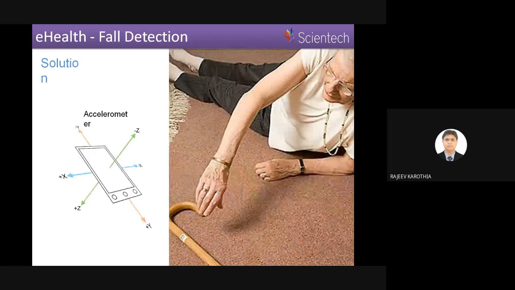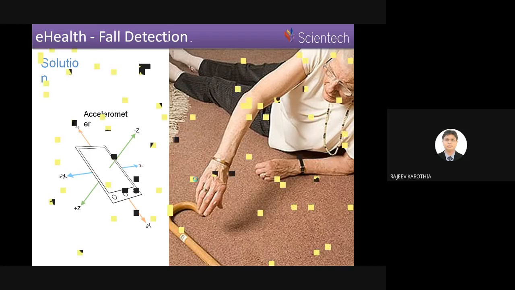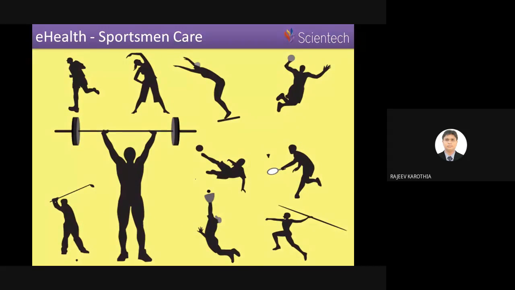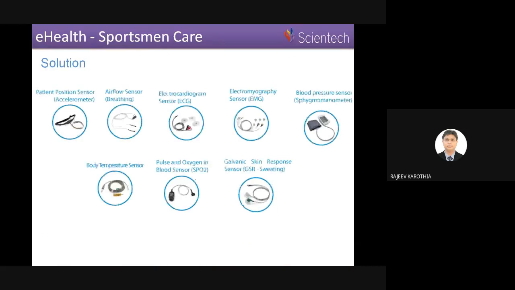If we are talking about fall detection, it is a simple sensor you can use, an accelerometer sensor, that can give you the exact position of the person if you have this accelerometer sensor. And if we are talking about sportsman care, there are many sensors available.